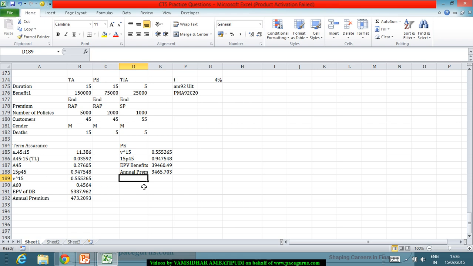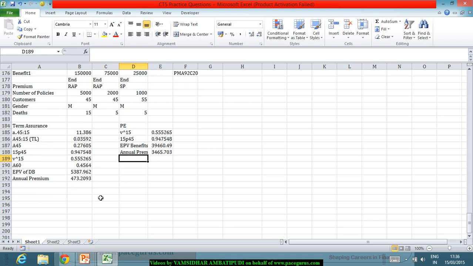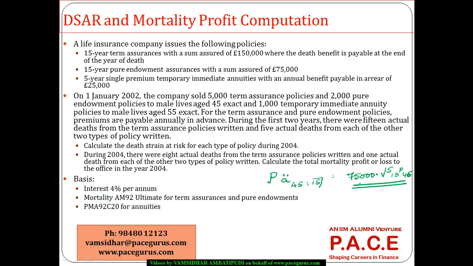Okay, so these are the premiums that we are accumulating in each of the years, and based on this much of premium I can very well compute the provisions as the requirement is for 2004.